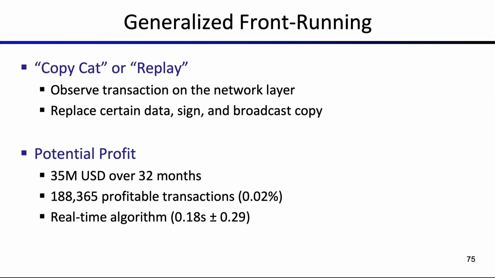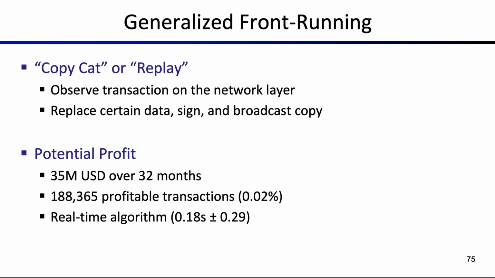Naturally, what we have ignored here is the possibility that others will front run you, or front run your copycat, or defend against being front run. So we've gathered about 188,000 profitable transactions over these 32 months of historical blockchain data, and this represents about 0.02 of the entirety of the Ethereum blockchain transactions that we have seen.